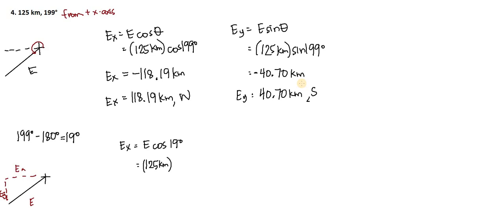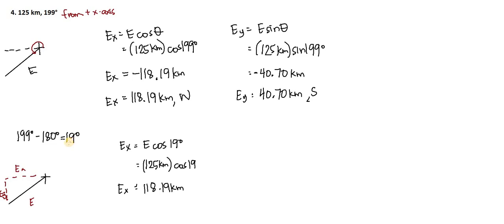Okay, 125 cosine of 19. Okay, try sa calculator. Lalabas ni sagot ay positive 118.19 kilometer. Dahil ang ginamit natin, acute angle, so positive yung lumabas na answer, you will refer to your illustration.